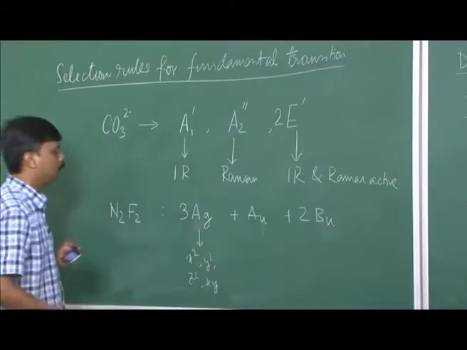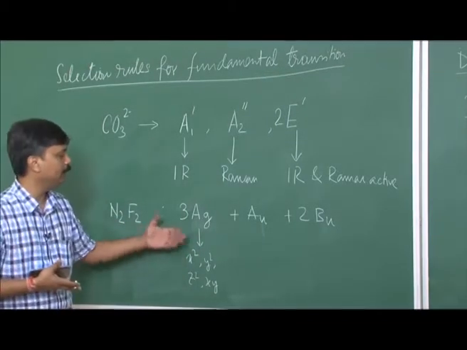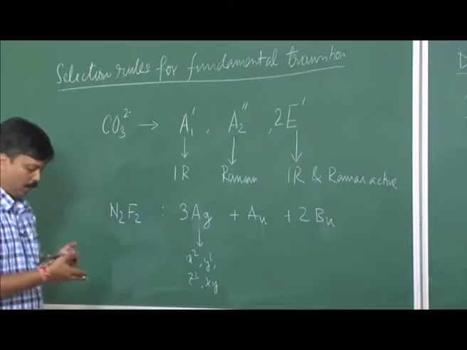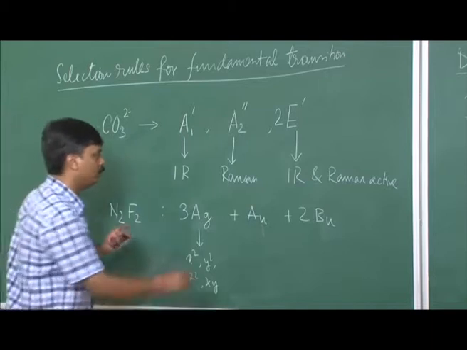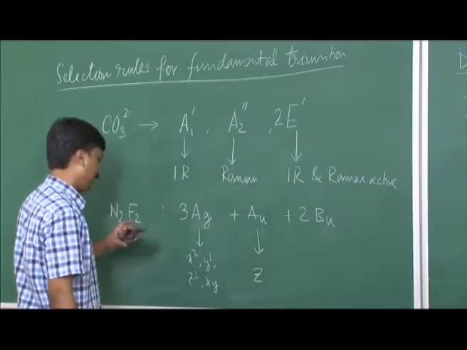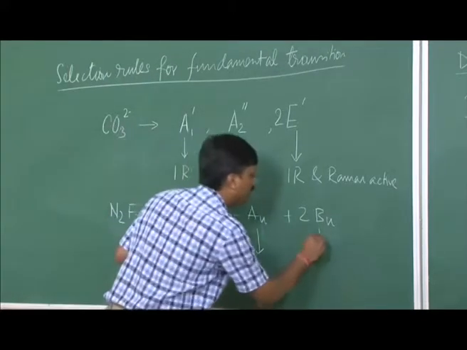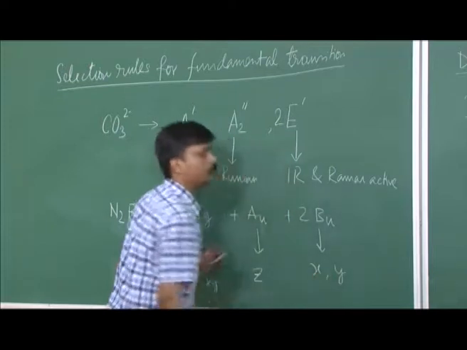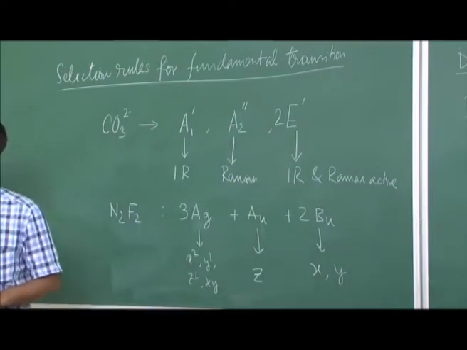Okay. So these binary functions tell me that Ag will be a Raman active mode, while this Au has z as its basis and Bu has x or y as its basis.